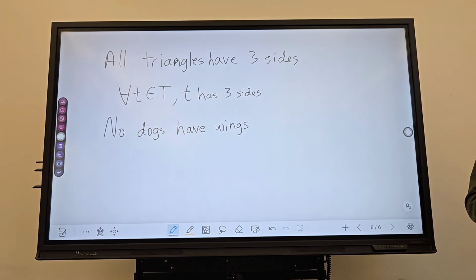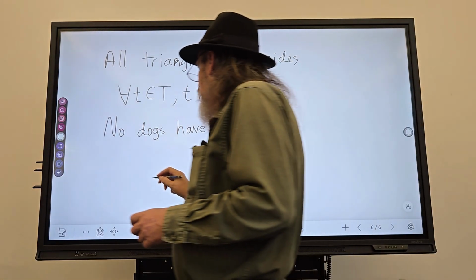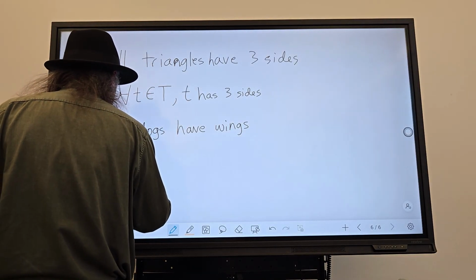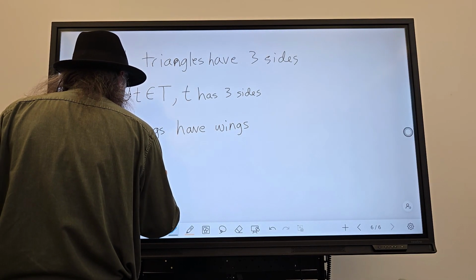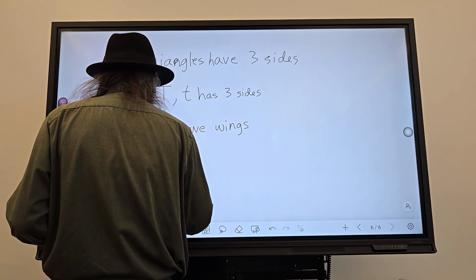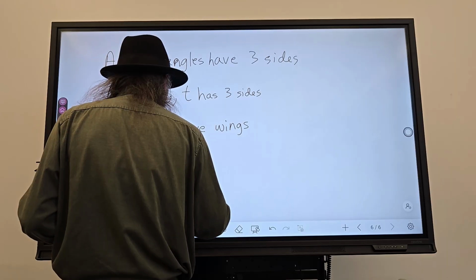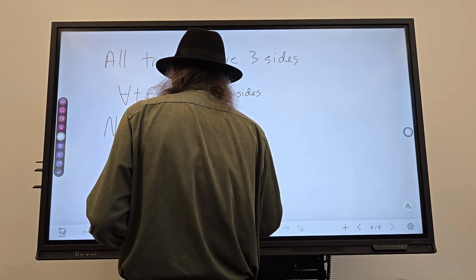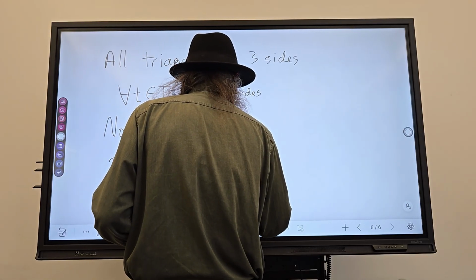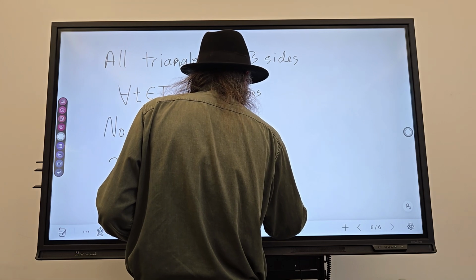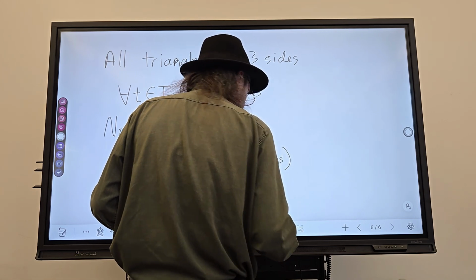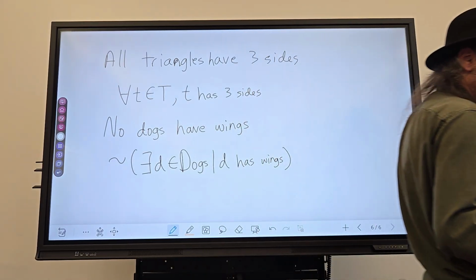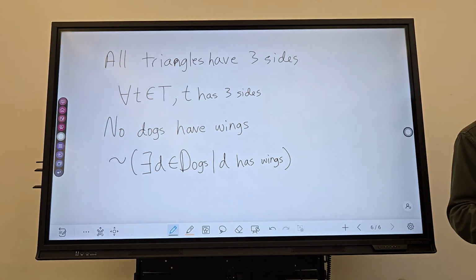That's one way to do it, yes. So you'd use the existential quantifier: there doesn't exist D element of dogs such that D has wings. Unless they drink Red Bull. Anyway, that's one way of doing it.